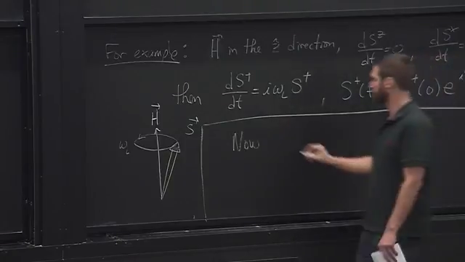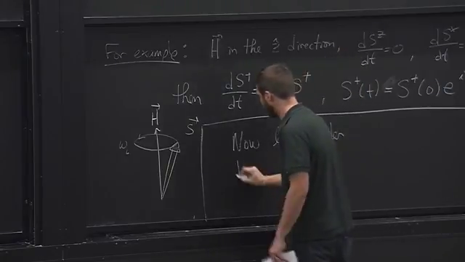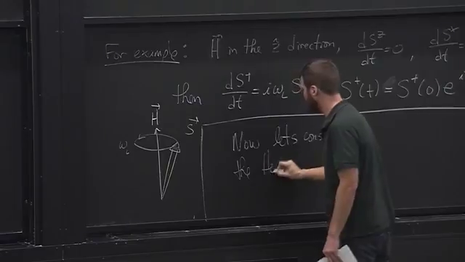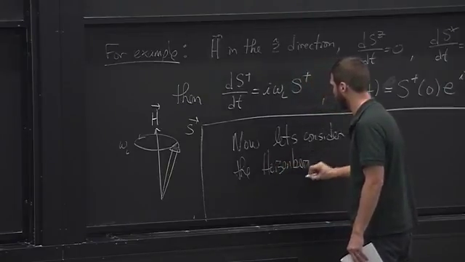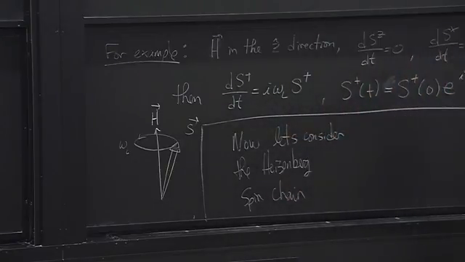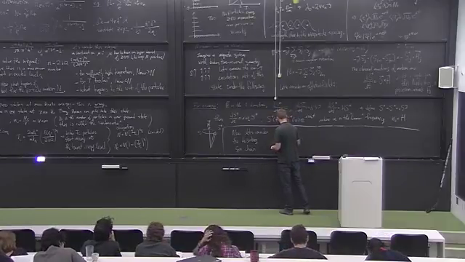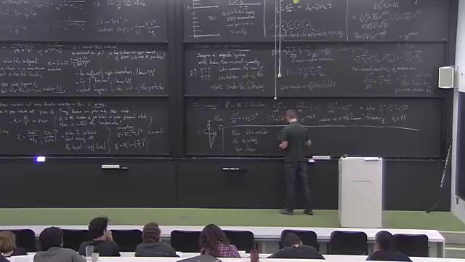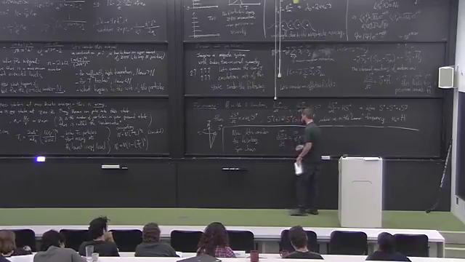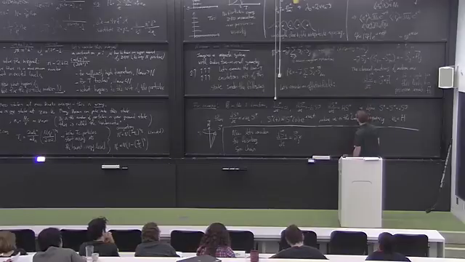So now let's consider the Heisenberg spin chain. So I'm just going to solve this in 1D again. And here my time derivative is just S at J cross H, where now I'm going to use my effective field for H. So what is it?